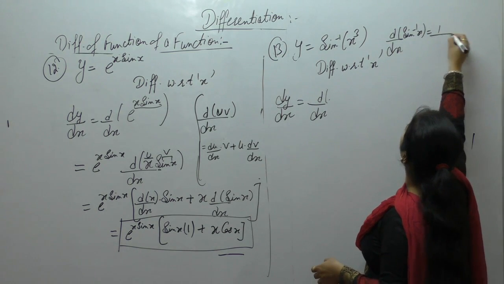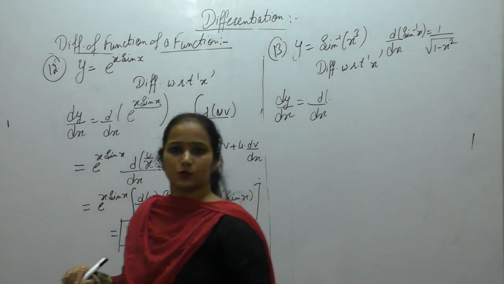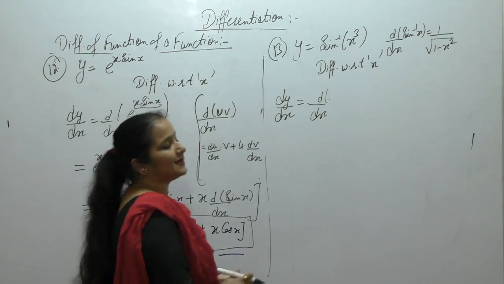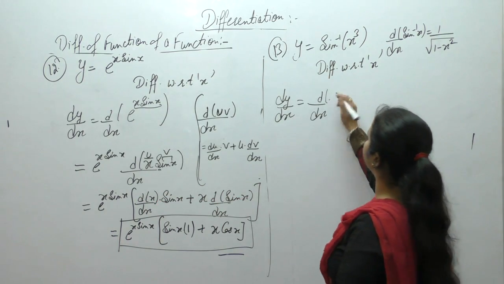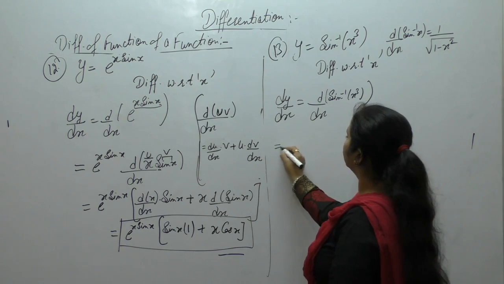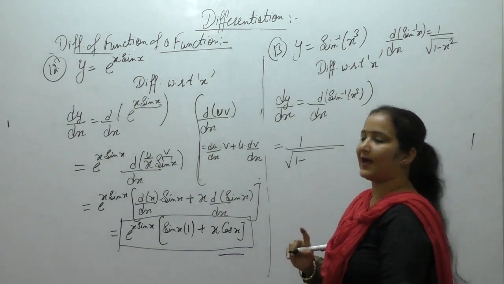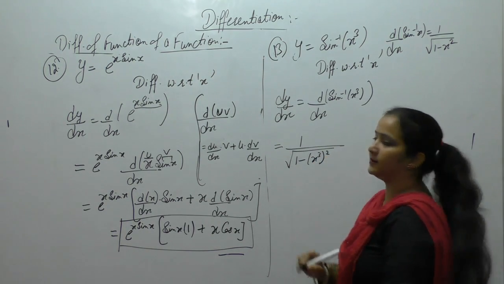What is the formula? 1 upon square root of 1 minus x square. Now instead of x we have x cube here, sin inverse x cube. 1 upon square root of 1 minus x cube whole square.